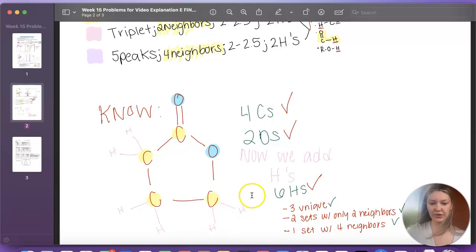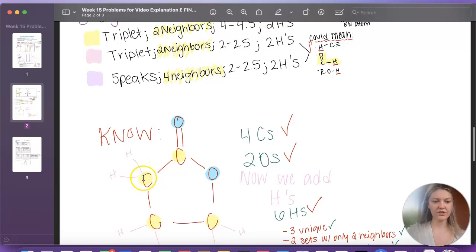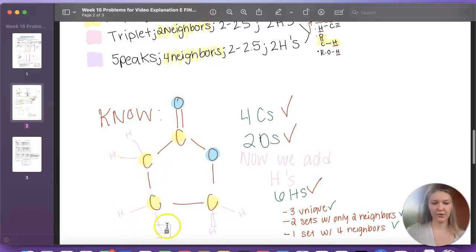And it has two neighbors, which is true because this one set of hydrogens has two neighbors right there. Then I went down here. We've got the triplet that has two neighbors, and this one is a hydrogen bonded to a carbonyl. So these are the two hydrogens bonded to this carbonyl, and it also has two neighbors.